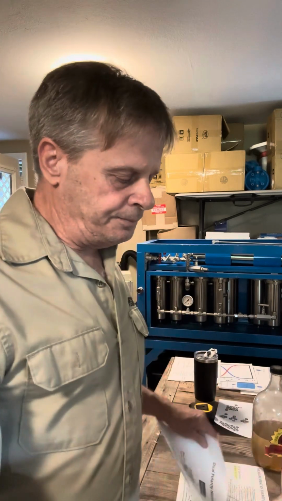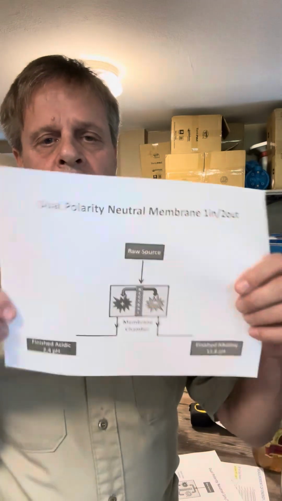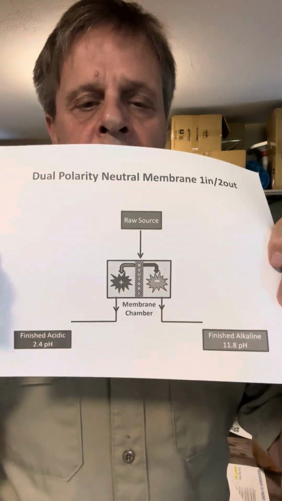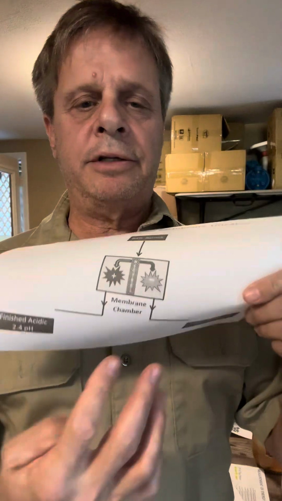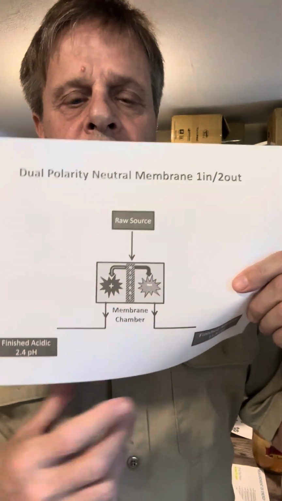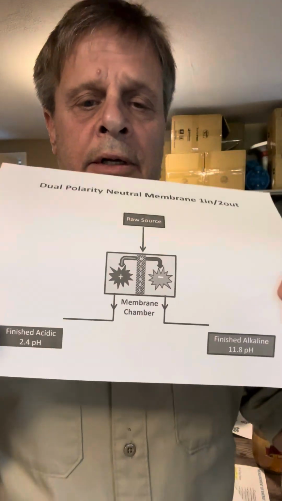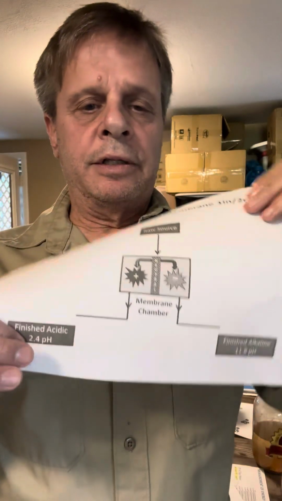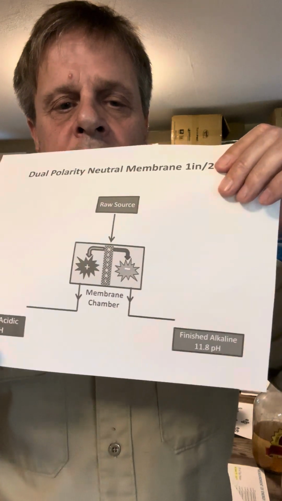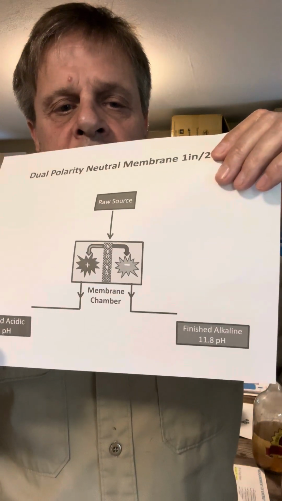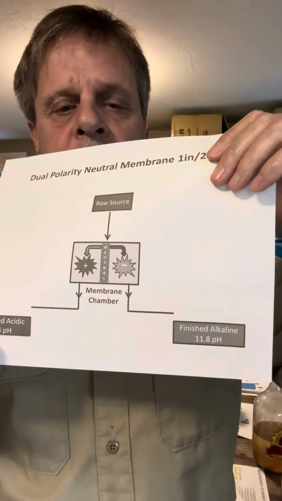As an introduction, we're only going to think about 2 different types of units. One unit takes one water in and splits it perfectly by charging both sides. On one side you have 2.4 pH acidic water coming out, and on the other side you have 11.8 pH alkaline water coming out.